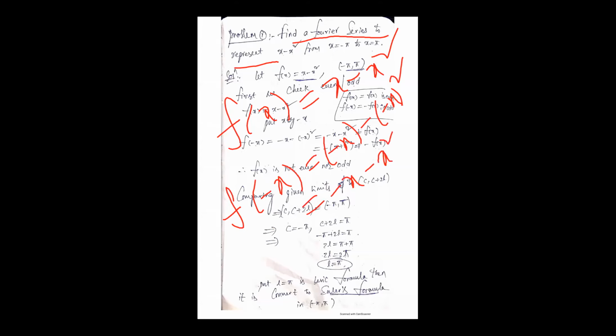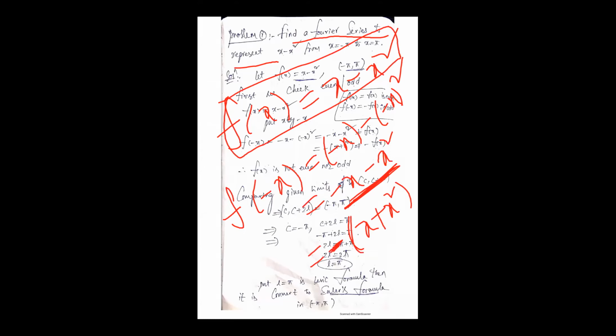So minus x minus x square, it is not f of x, because f of x equals x minus x square. So we take common minus on the right side, and the remaining value is x plus x square.